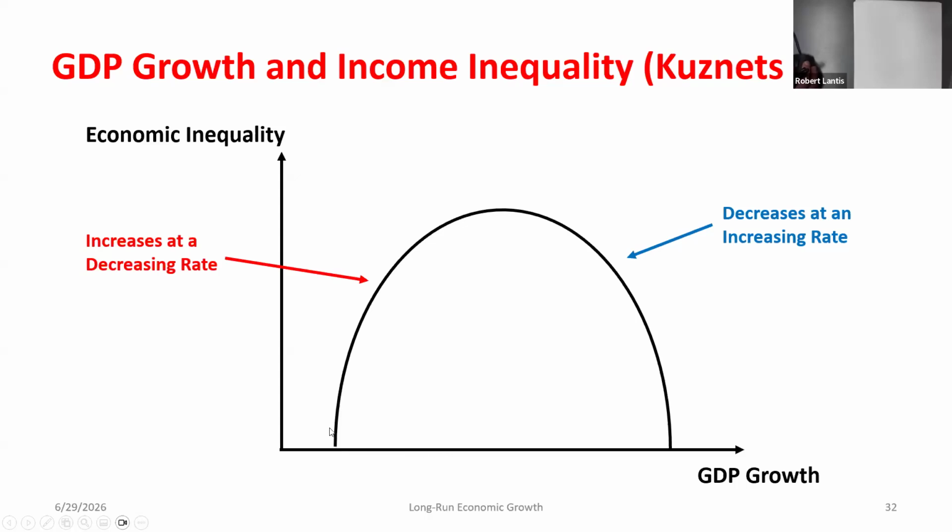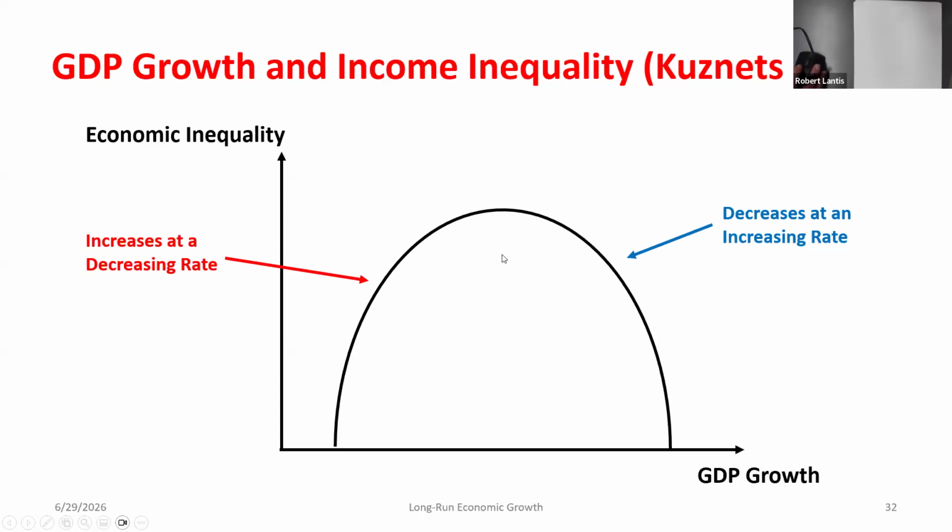Initial increases in GDP start to increase that economic inequality, but as the GDP grows, it's doing that at a decreasing rate. So initially, improvements in real GDP will cause increases in economic inequality, but those same increases in GDP at relatively higher levels of GDP start to increase income inequality at a lower rate.